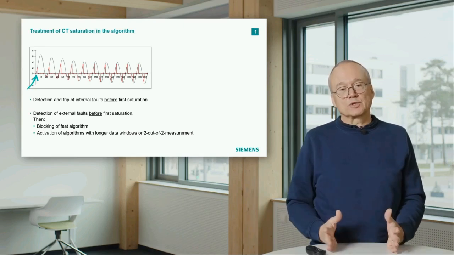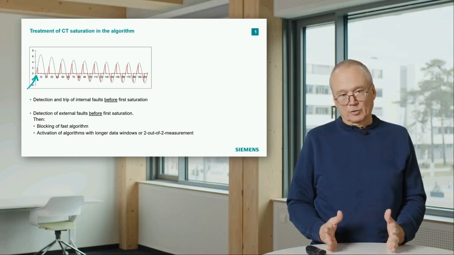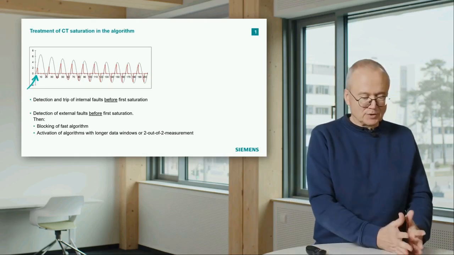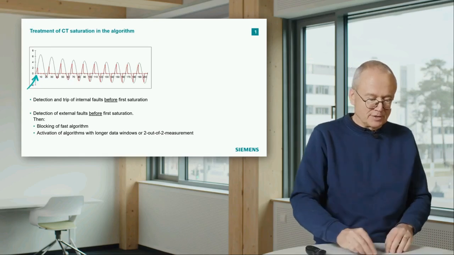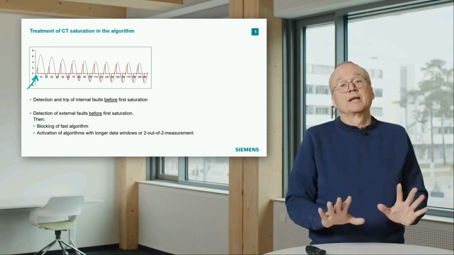And that means we should somehow block the algorithm. That means we first see an external fault and suddenly this thing moves into the characteristic, then we block it.